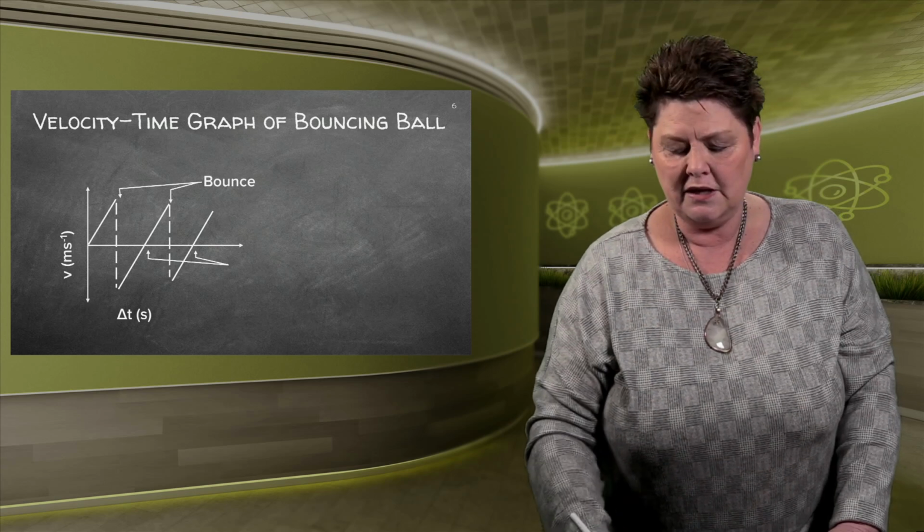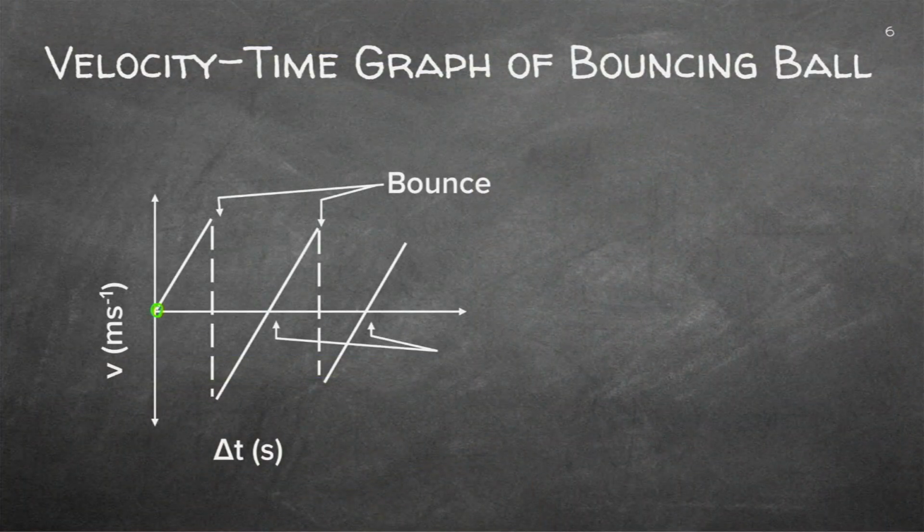The velocity. We know it starts here at 0. Let's say we drop a ball there. It accelerates to a final velocity. Can you see that point there? It then changes direction. And can you see, we now start the equation at the bottom.